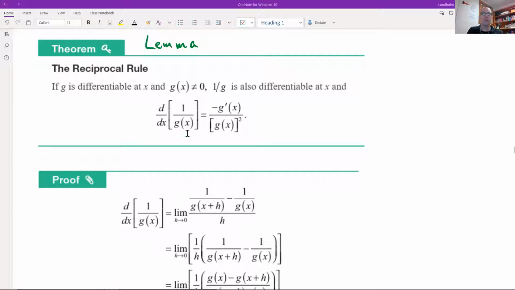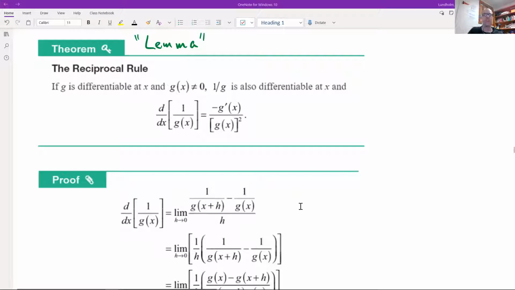The reciprocal rule works for the reciprocal of a given function g. In practice, this is not one that you're going to want to necessarily memorize, but the proof of this is going to be a nice stepping stone when we look to the proof of the quotient rule. So yeah, thought I'd throw that out there. A little fun fact. I would call this a lemma.